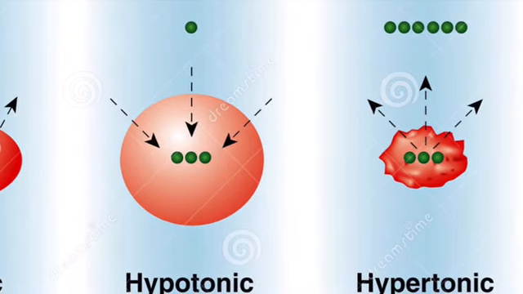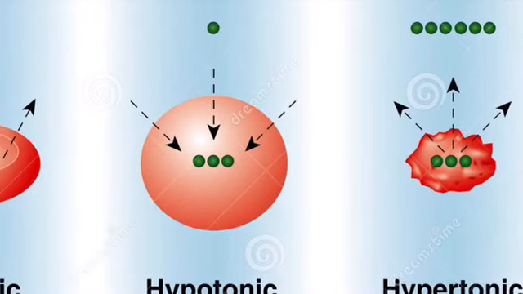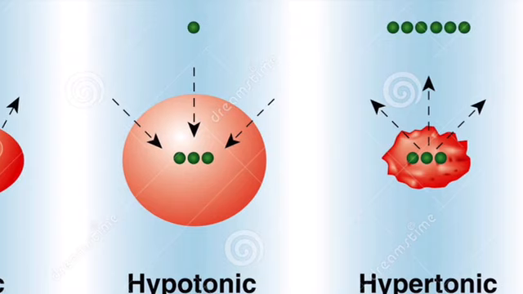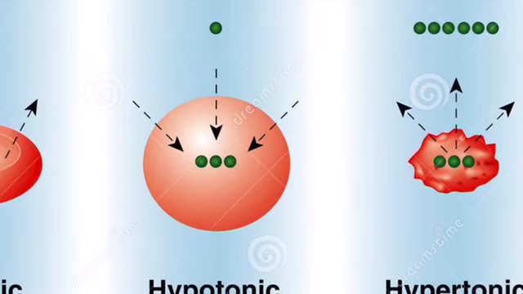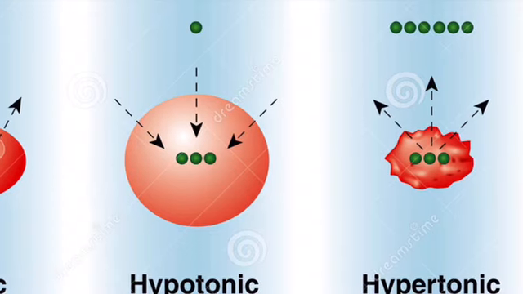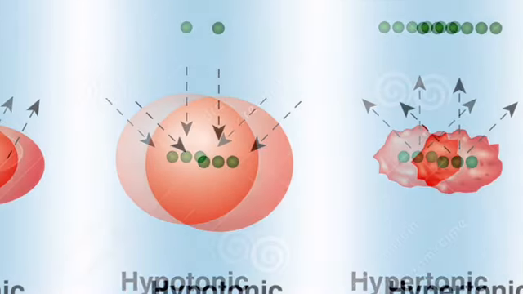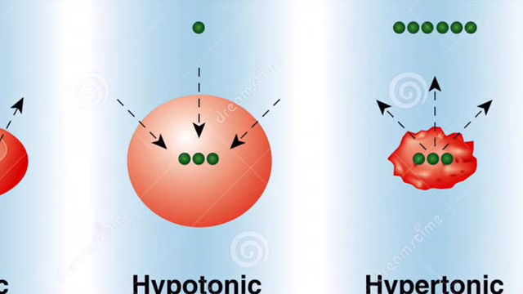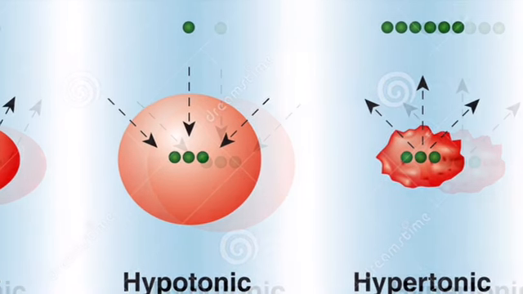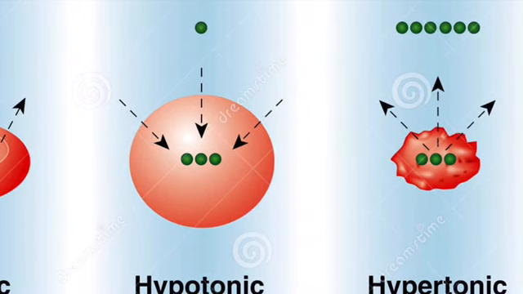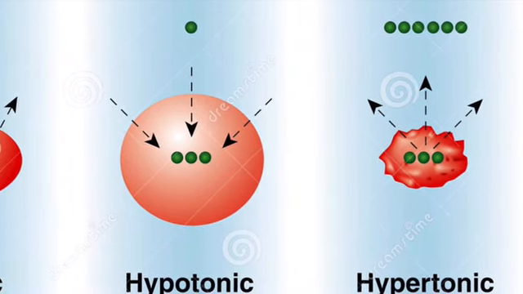The cell will shrink or go through plasmolysis when placed in a hypertonic condition, which means that the solute concentration is higher on the outside of the cell than it is on the inside, and water always follows the solute. Therefore, the water is going to move to the outside of the cell as well.